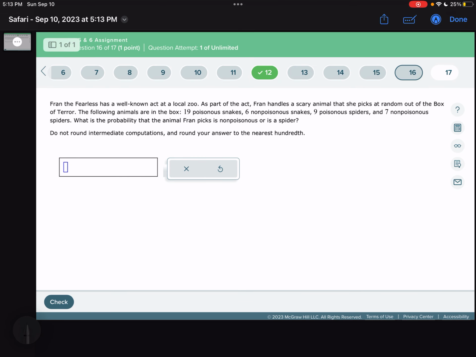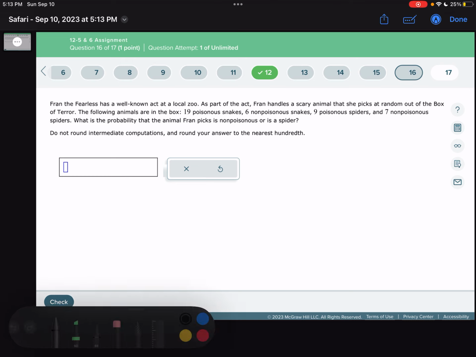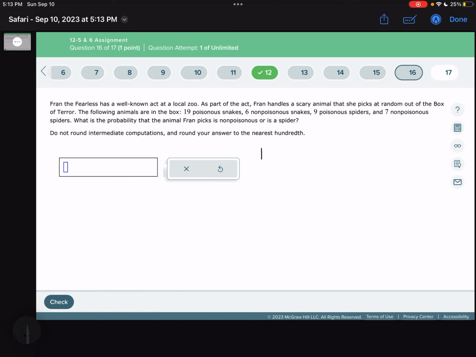All right, Fran the Fearless has a well-known act at the local zoo. As part of the act, Fran handles scary animals that she picks out at random from a box of terror. The following animals are in the box. So we have 19 snakes that are poisonous. I have 6 snakes that are non-poisonous.